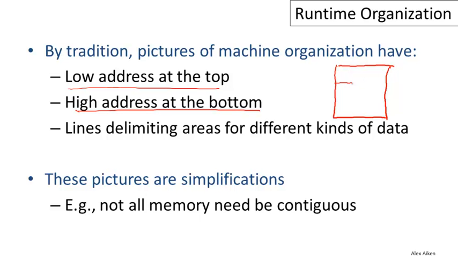And then we'll be drawing lines to delimit different regions of this memory, showing different kinds of data and how they're stored in the memory allocated to the program. And clearly these pictures are simplifications. If this is a virtual memory system, for example, there's no guarantee that this data is actually laid out contiguously, but it helps to have simple pictures like this to understand what the different kinds of data are and what the compiler needs to do with them.